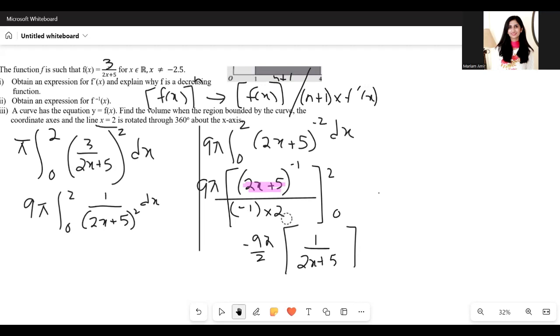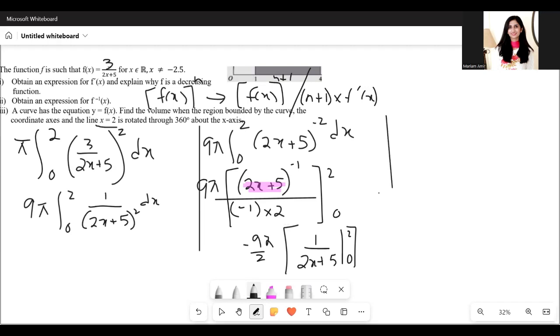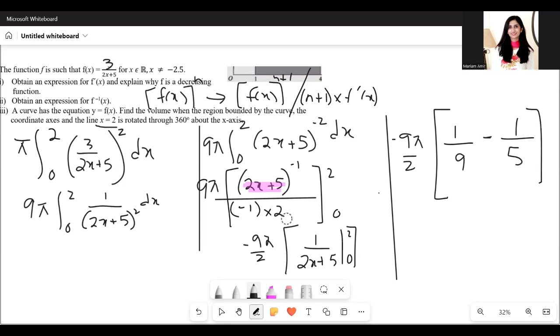Now we substitute the limits 2 and 0. So minus 9 pi by 2, substituting 2, we get 1 over 9, since 2 times 2 is 4, 4 plus 5 is 9, minus 1 upon, when we substitute 0, we just get 1 over 5.